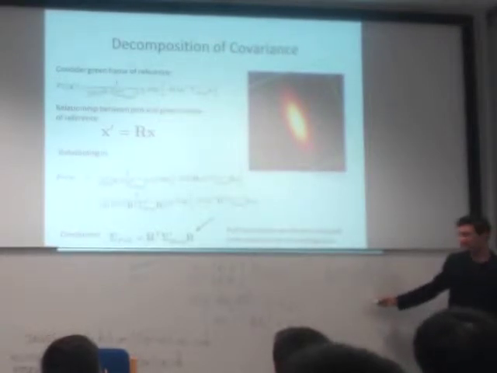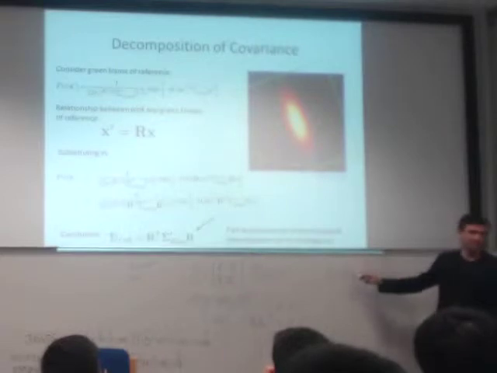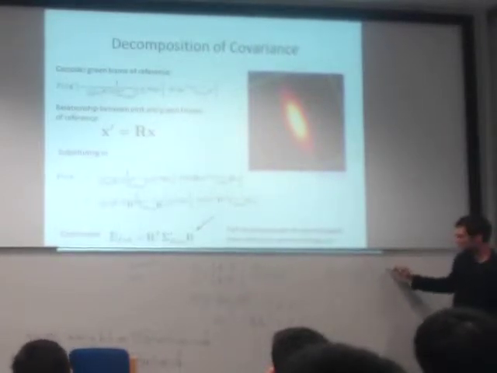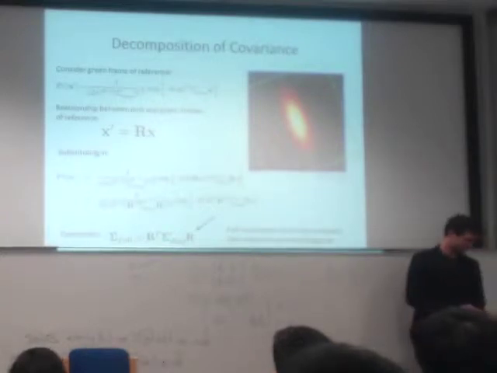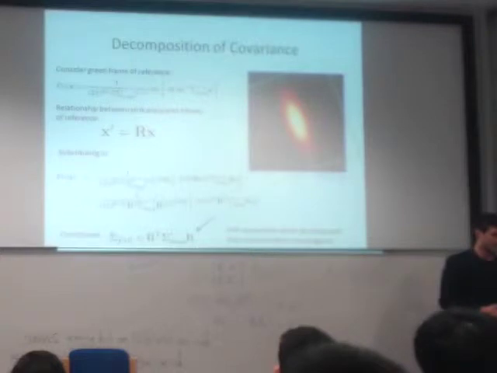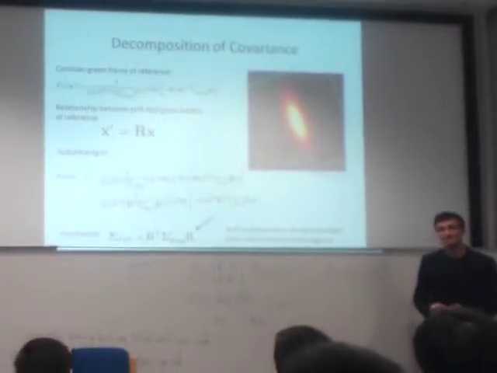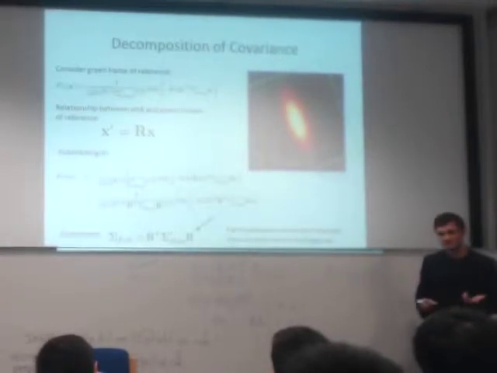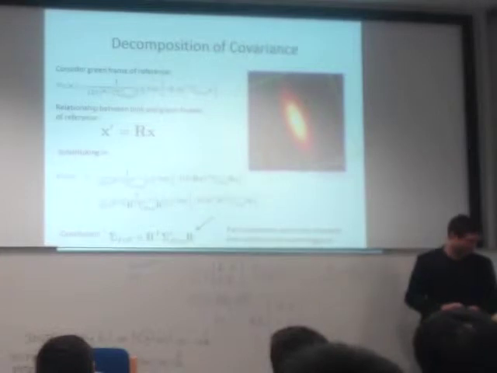U is an orthogonal matrix, and so is V. And because you have a symmetric matrix, it's just the eigenvalue decomposition. You don't need SVD because it's symmetric. Because it's symmetric, actually these two are the same as well.